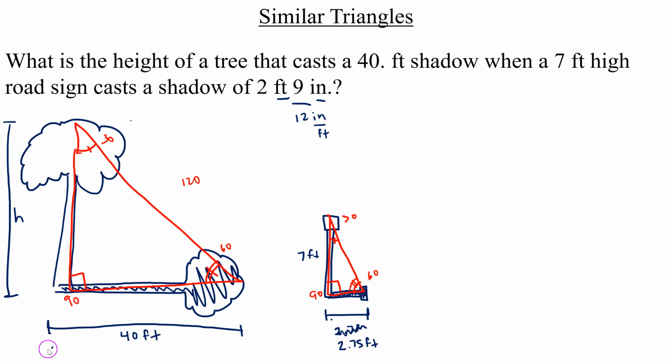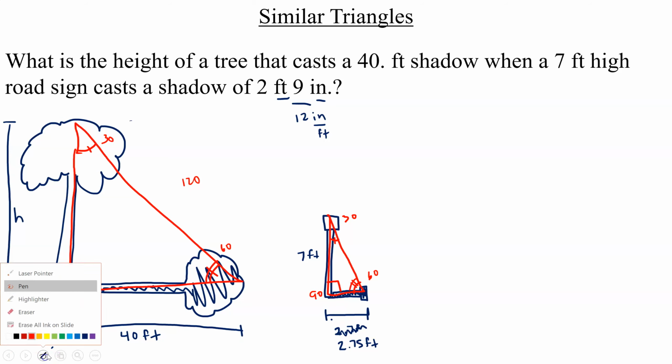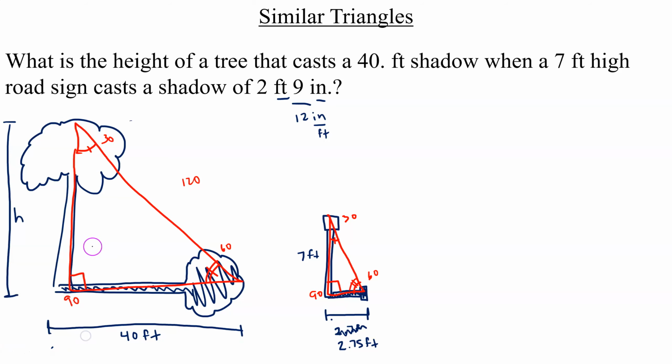So we can create a proportion. And there's a couple ways that you can set up the proportion. What I like to do is triangle 1, I set up as a fraction. So I'm going to do height over 40. So height, we don't know this, over 40.